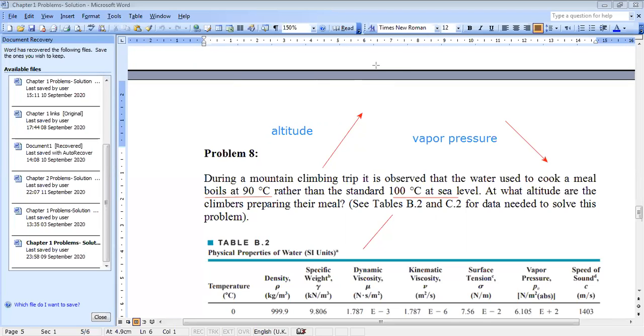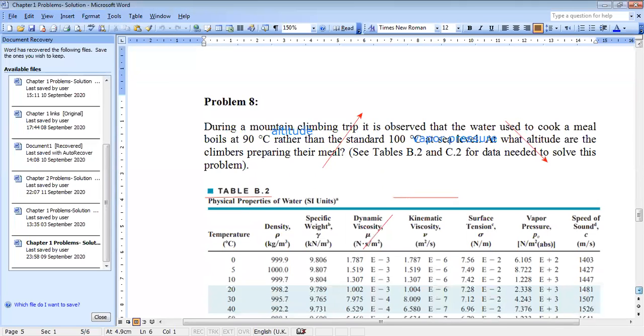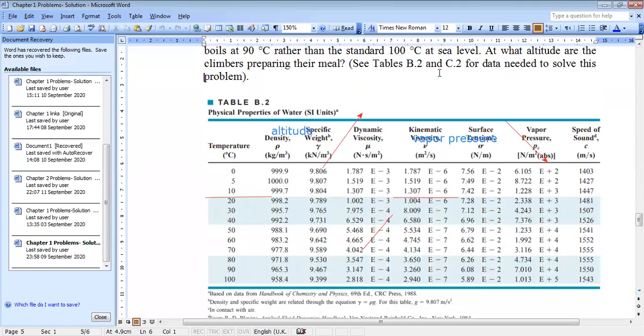In order to solve this problem, we should first go to the first table, okay? The first table, which is B2, will give us the vapor pressure at 90 degrees. So since I have boiling at 90, I will go to my table and look at 90 degrees, okay? At 90 degrees, I can read that the value of the vapor pressure is 7.01 times 10 to the power 4 Newton per meter square, okay?